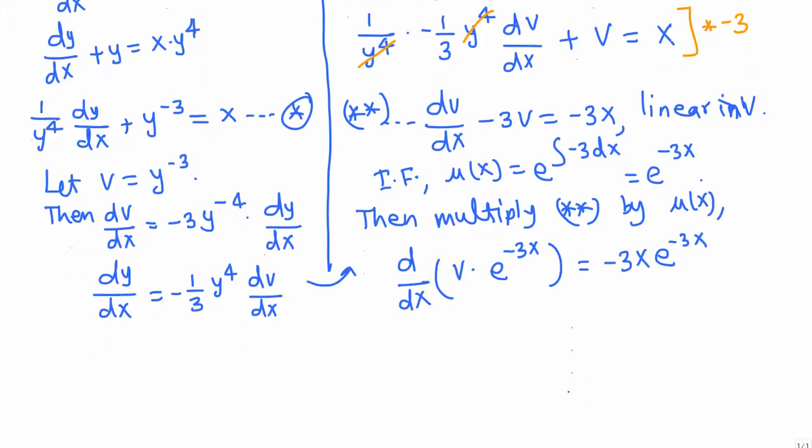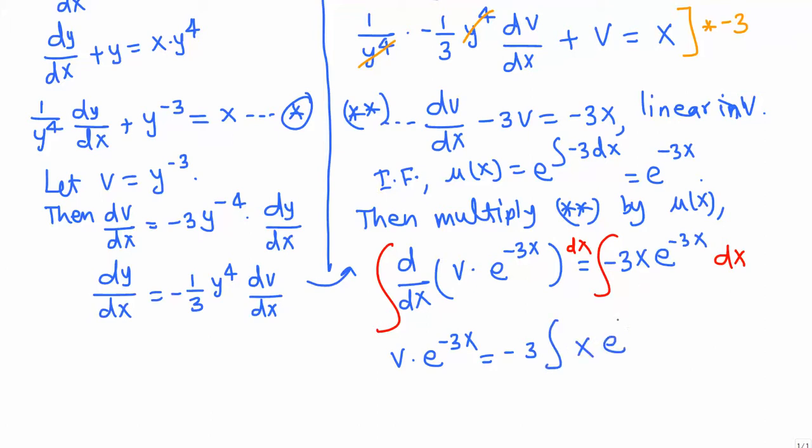Now we integrate both sides with respect to x. Then v times e raised to negative 3x is equal to negative 3, pulled outside, times the integral of x times e raised to negative 3x dx.